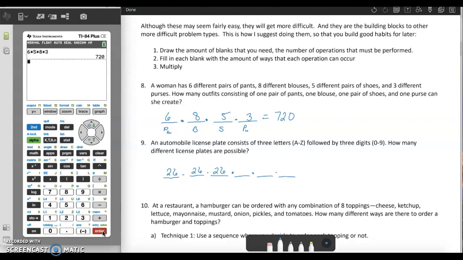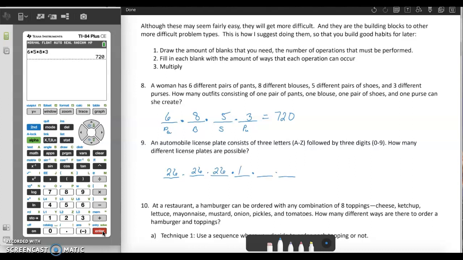Notice they didn't say anything like without repeats. So I could make these all AAA if I wanted to, or ZZZ, or I could do ABA. Every combination of all of those will work. So there's 26 times 26 times 26 ways to pick your letters. And then your digits, the digits 0 through 9, that's 10 different digits there if you count them.